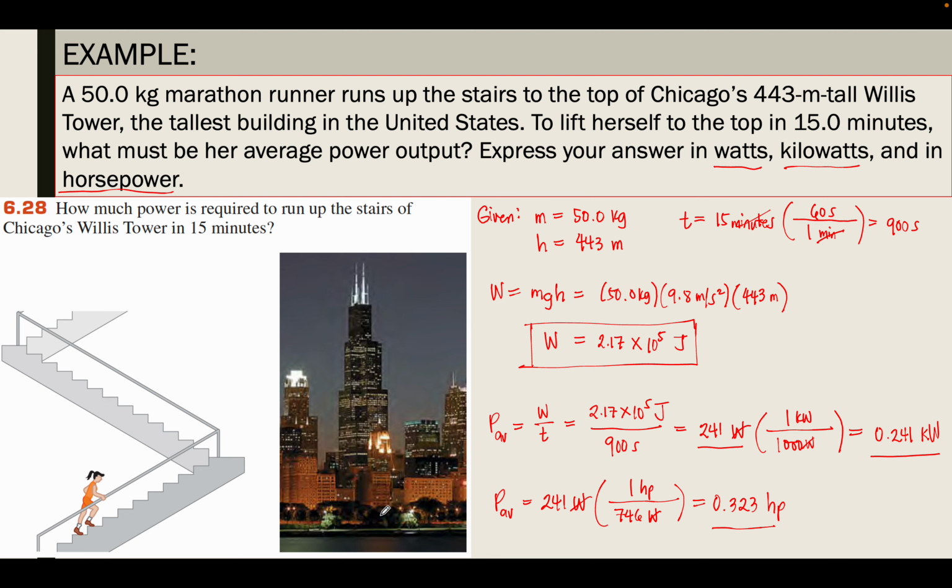Also, there is another way to solve for the average power, in terms of the force and the speed. The force is equal to the weight of the marathon runner.